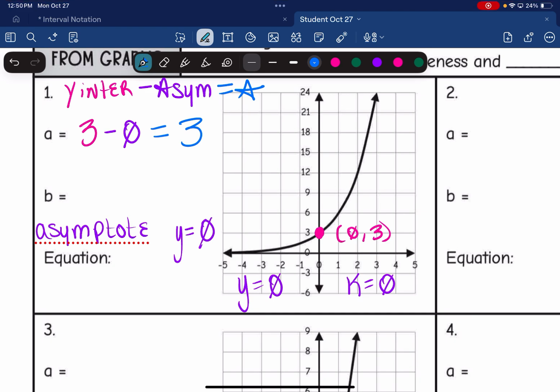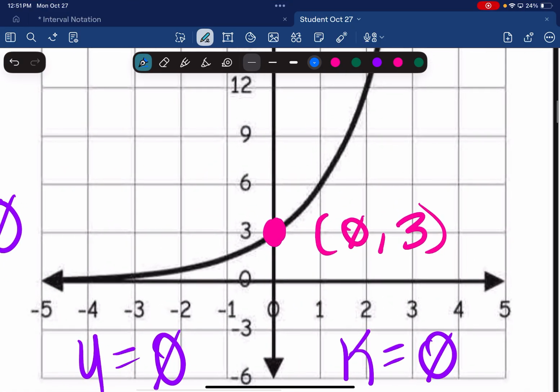So now we need to find my common ratio, my b. Now that is a little different. We found my y-intercept. I want us to find what value y is when x is 1. So x is 1, y is what? 6.